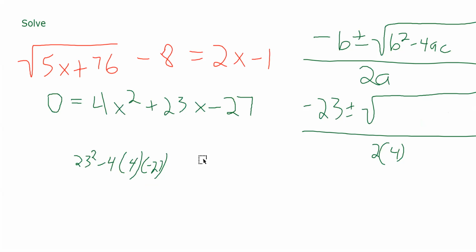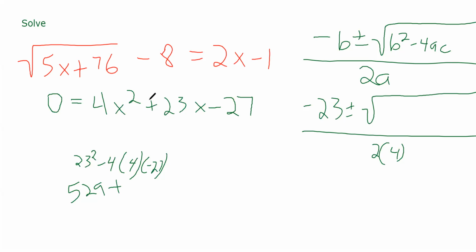23 squared is going to be 529. Now notice I've got negative 4 times negative 27. That's going to turn into addition altogether. Let me write a better plus sign than that.